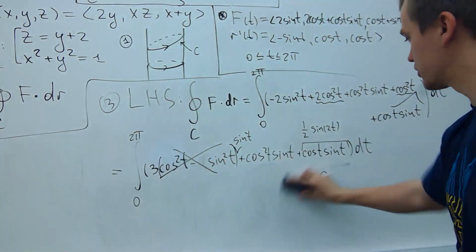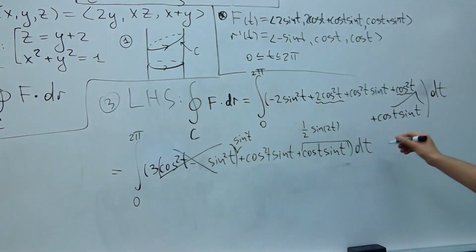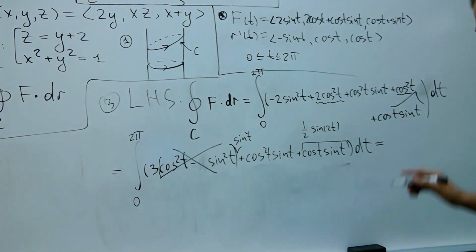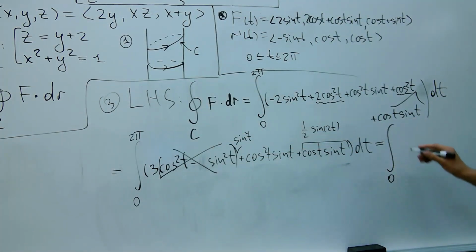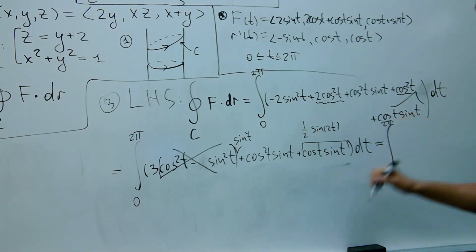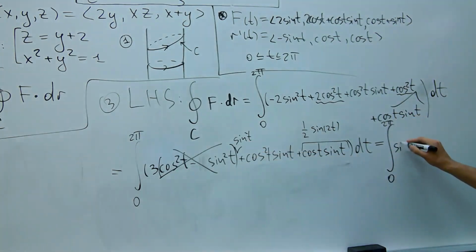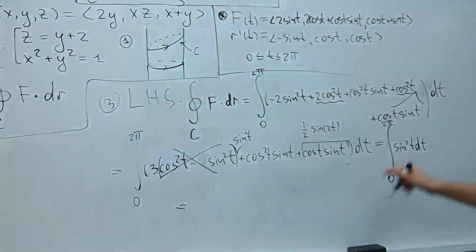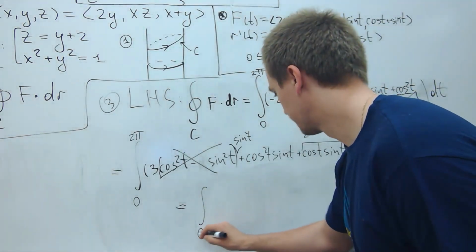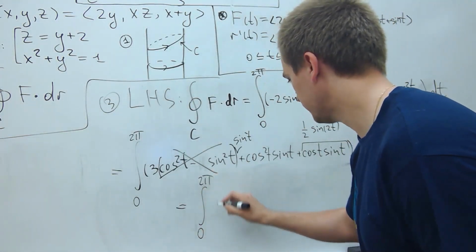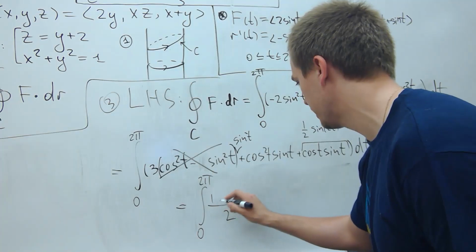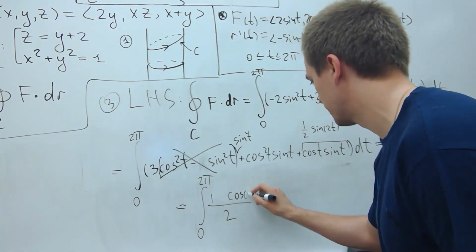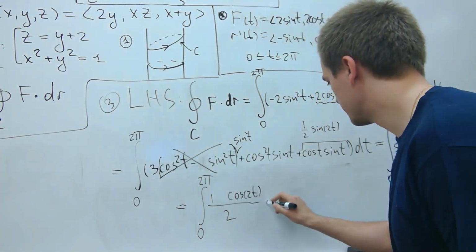So the only term that is going to be left after this crazy computation is the integral from 0 to 2 pi of sine squared t dt. As was already said in the comments, here I use another trig identity: sine squared t is (1 minus cosine 2t)/2.